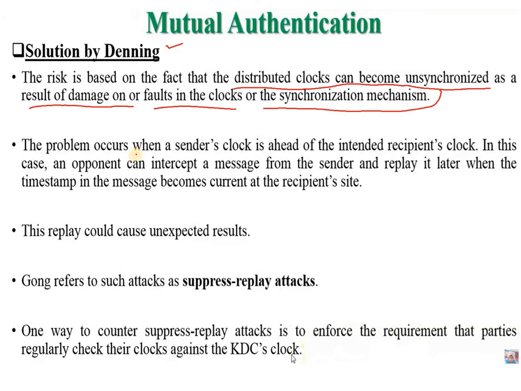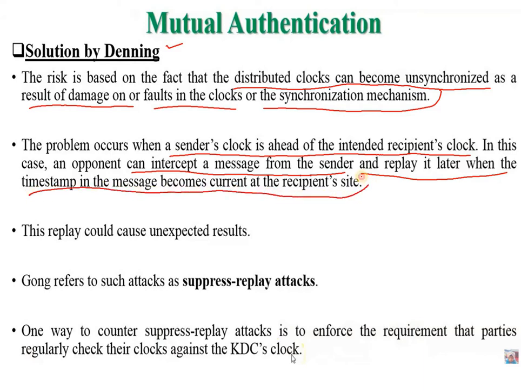The problem occurs when the sender's clock is ahead of the intended recipient's clock. In this case, an opponent can intercept a message from the sender and replay it later when the timestamp in the message becomes current at the recipient side.